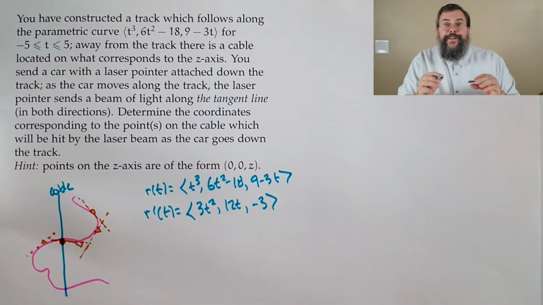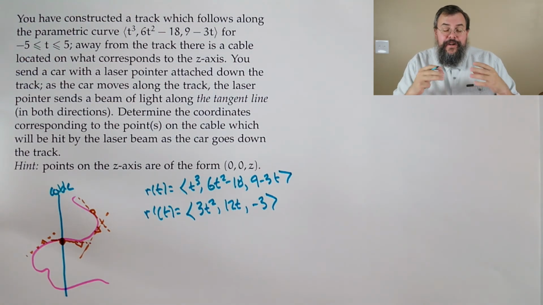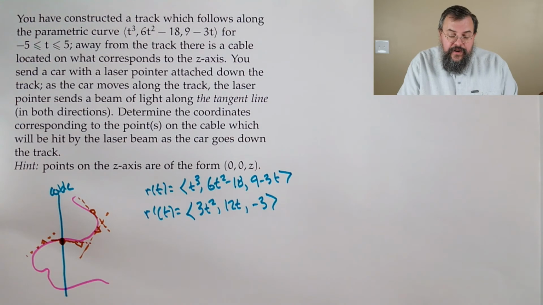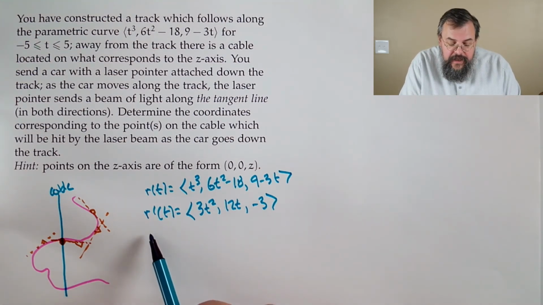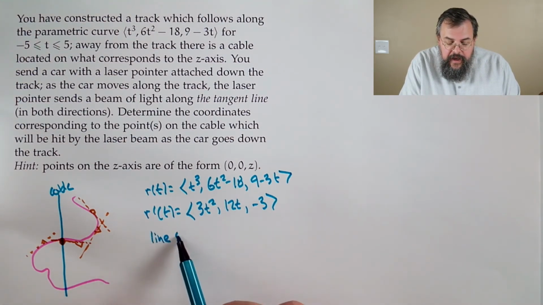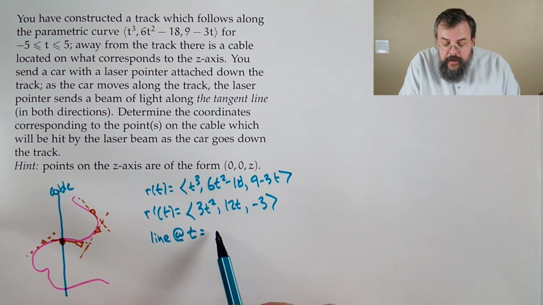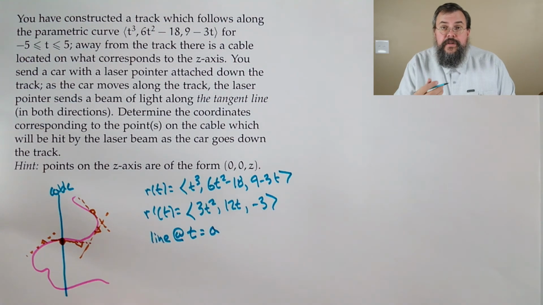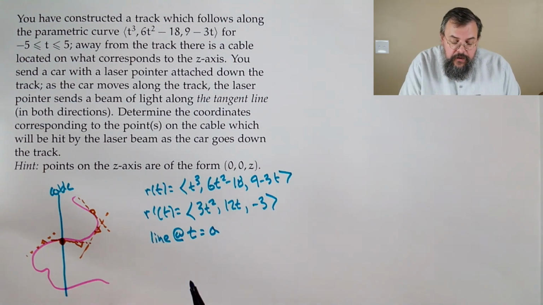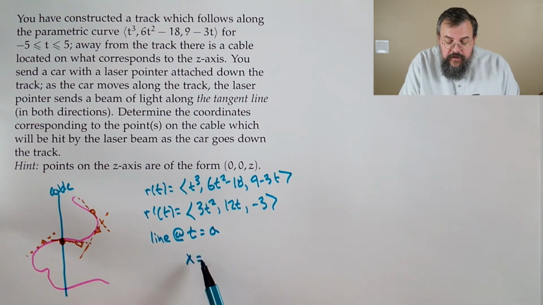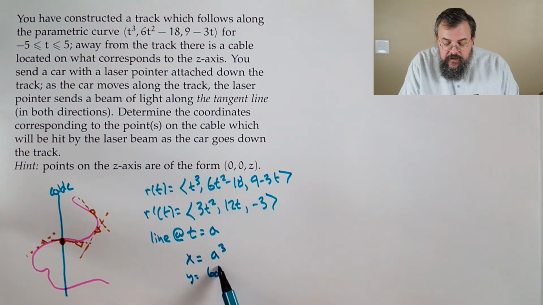All right, now that's our position, there's our derivative, and so our tangent line at some time, we'll say at time t equals a, we just need to specify time, so I'll just say a, is what? Well, it'll be x equals a cubed, y equals 6a squared minus 18, and z equals 9 minus 3a.